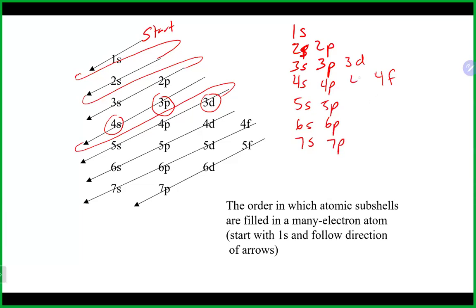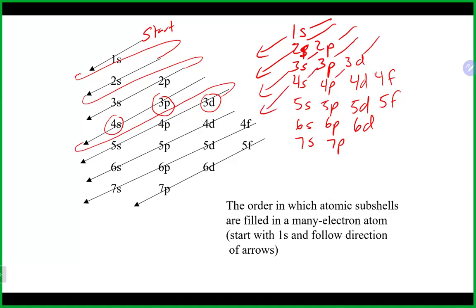Here: 3d, 4d, 5d, 6d, and 4f, 5f. And now I've recreated that myself with little problem. All I had to remember is 1, 2, 3, 4. And now I have my chart that will give me the proper order as to how electrons are filled in. So just go 1, 2, 3, 4, and then fill in the numbers down.